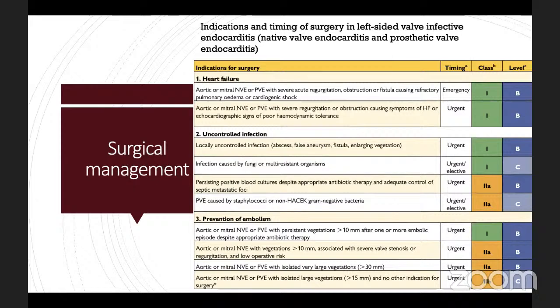Aortic or mitral native valve with vegetation more than 10 millimeters associated with severe valve stenosis or regurgitation and low operative risk. Aortic or mitral native or prosthetic valve with isolated very large vegetation more than 30 millimeters. Aortic or mitral native or prosthetic valve with isolated large vegetation more than 15 millimeters and no other indication for surgery.